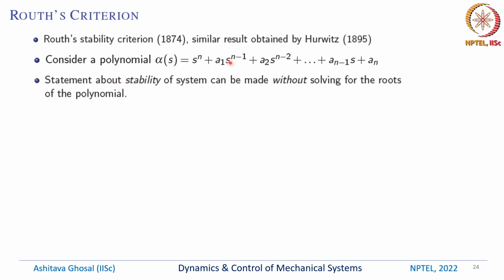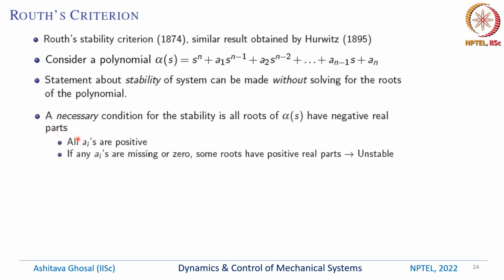We can of course solve for the roots, and if the roots are in the left half plane, the system is stable. If they are in the right half plane, it is unstable. So without solving for the roots of this nth degree polynomial, can we say anything about the stability of this closed loop system whose denominator polynomial is given by it?